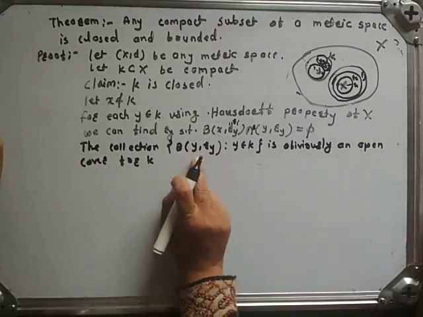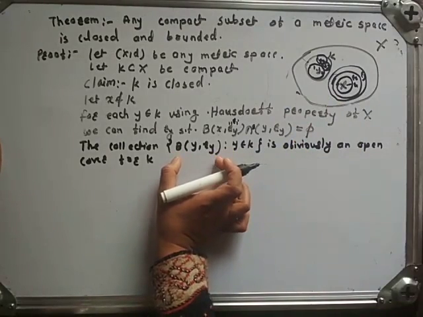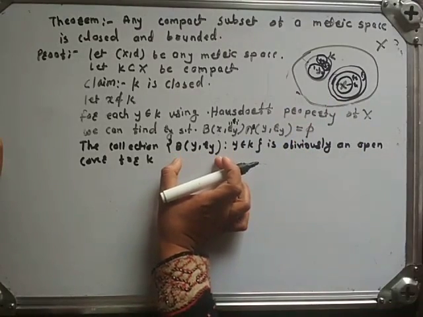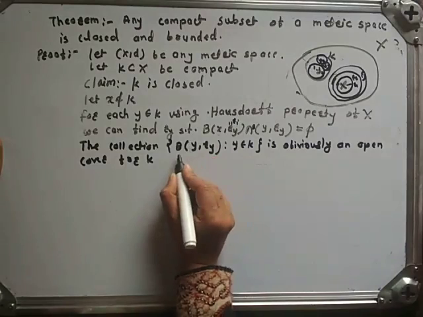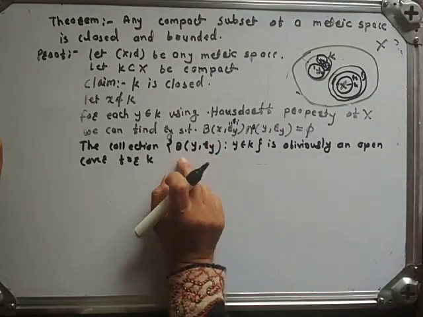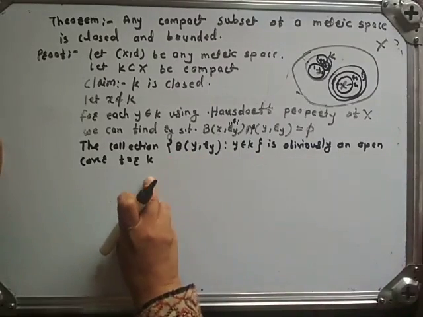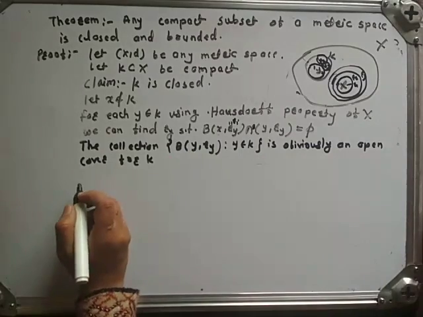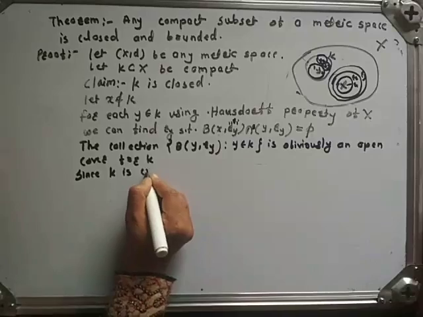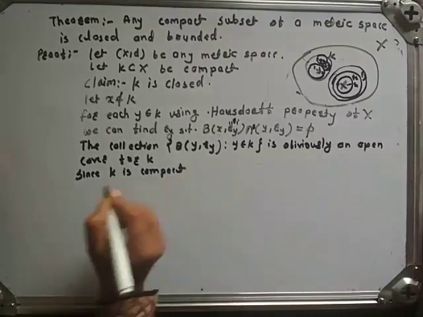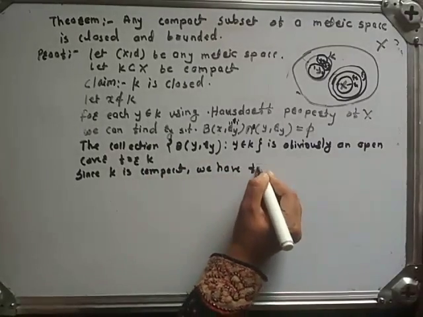Because B of y comma Ry is an open sphere, and you know that every open sphere is an open set. So in this collection, every open sphere is an open set. That's why this family is an open cover for K. Since K is compact, we have a finite subcover.